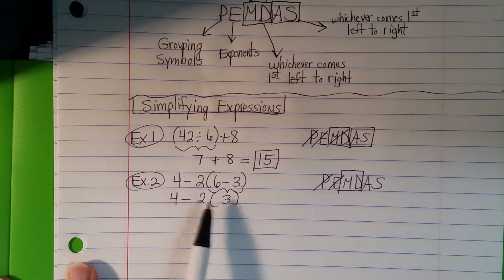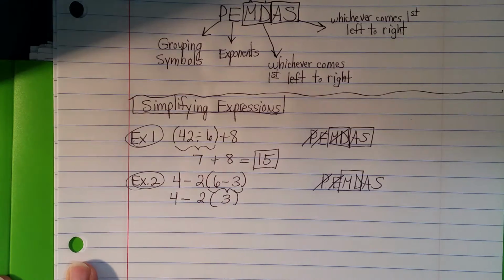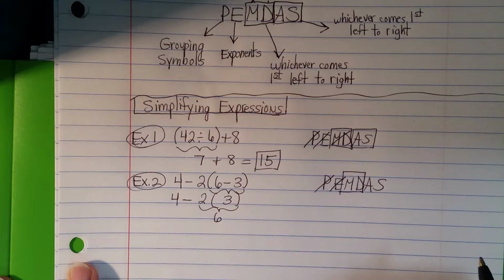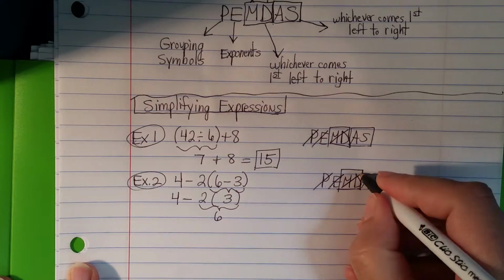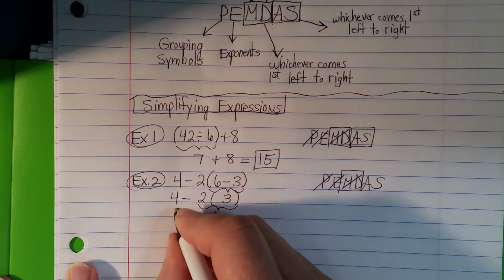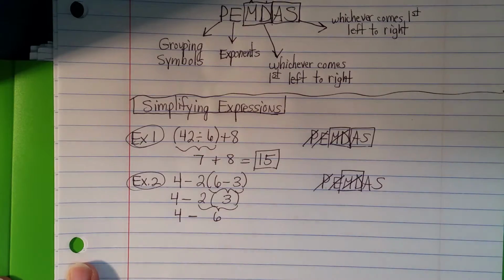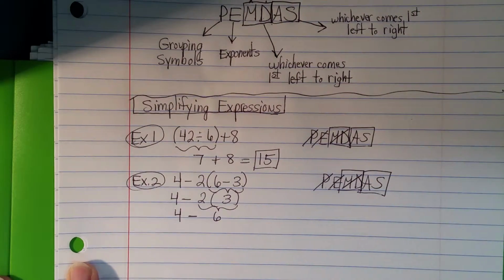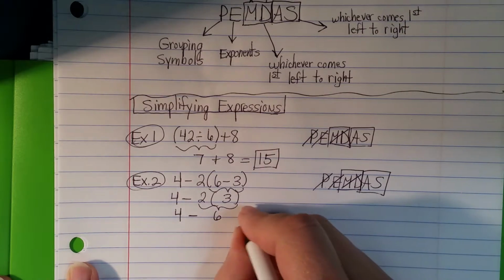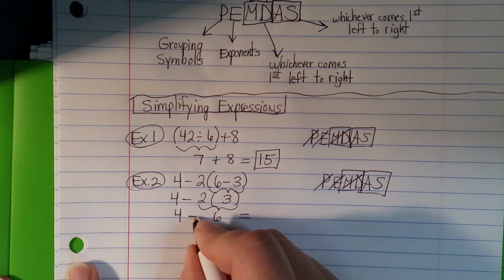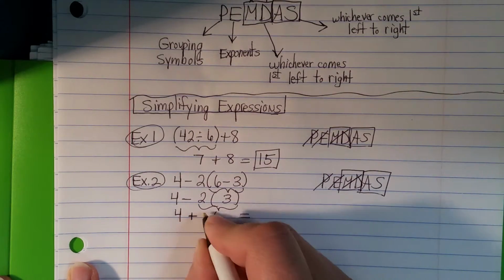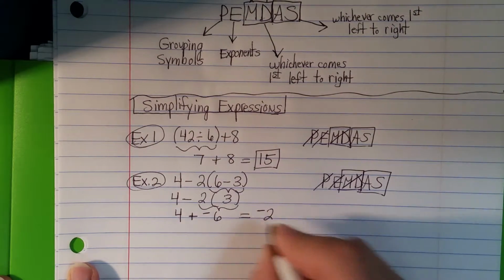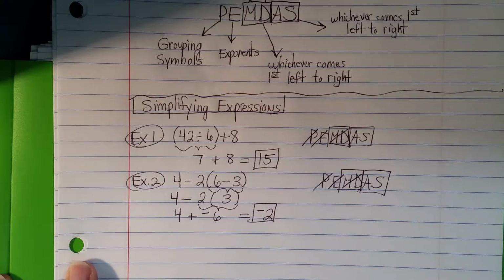So as I look left to right, I'm going to come across this multiplication piece here. So this becomes a 6. I'm finished with multiplication division. Then I have 4 minus 6 left over for my subtraction. Keep, change, change. 4 plus negative 6 is a negative 2.